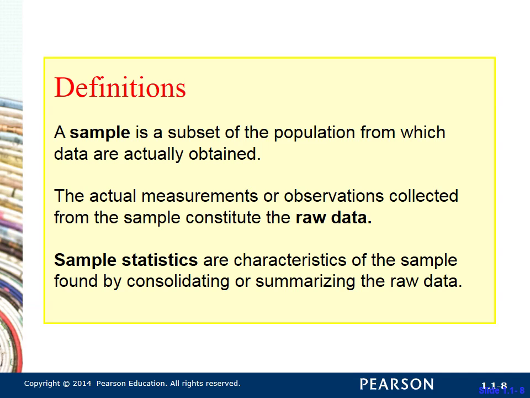So in other words, if we're back to our potato example, we take a sample of potatoes, we measure their weights, that would be the raw data, and then we could take the mean of that raw data, that would be the sample statistic. So we take a sample of a certain size, we measure what it is we're interested in, and then we put that into numerical form usually, and that's your sample statistic.